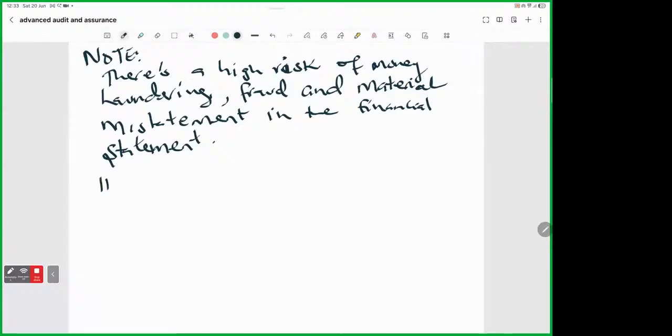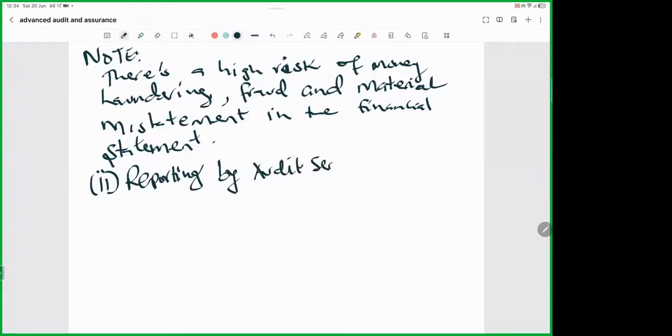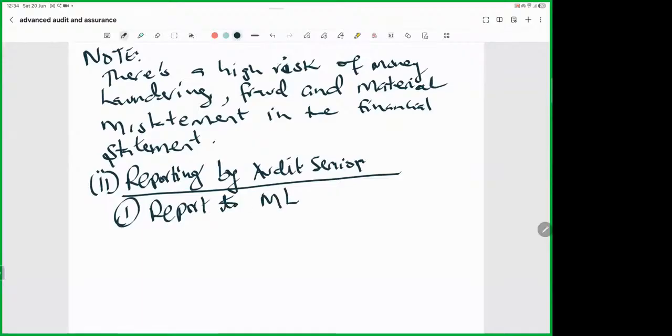That is Roman 2 of this question. Reporting by audit senior. It's a clear framework. So number one, you report to the MLRO.